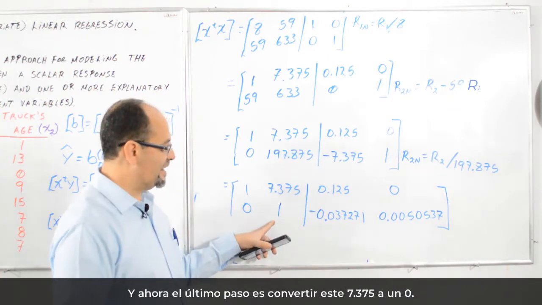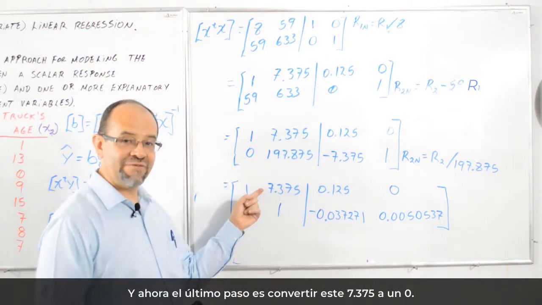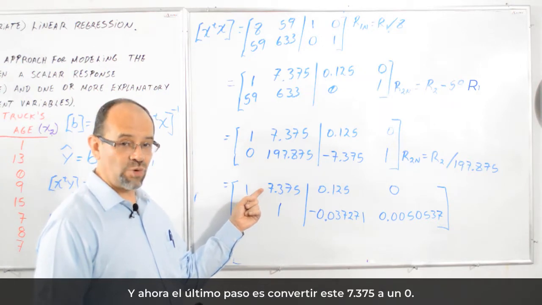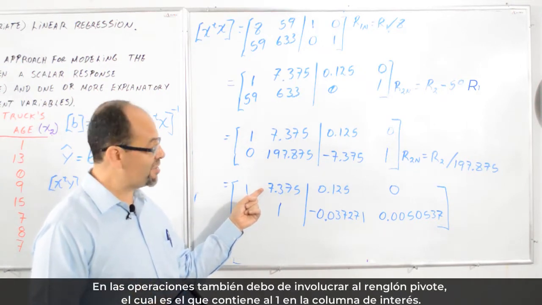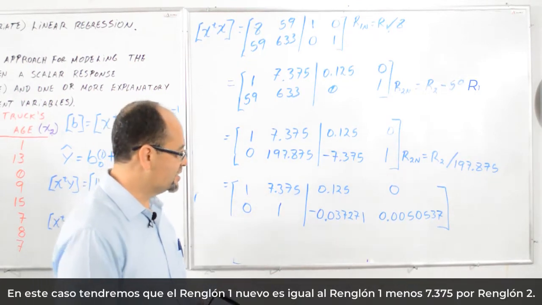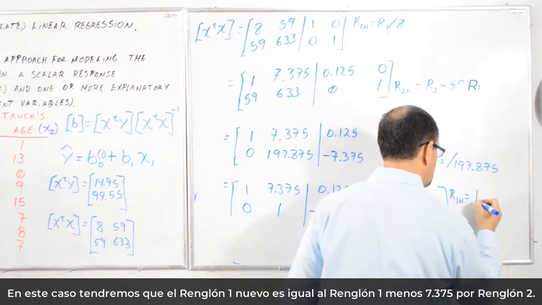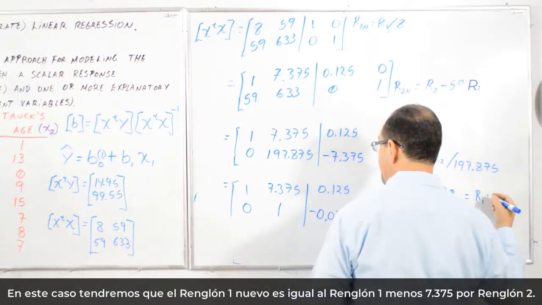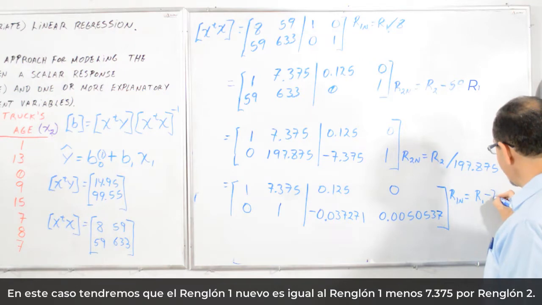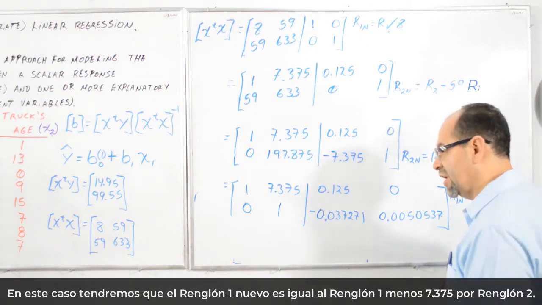Okay, then the last step to convert this 7.375 into a 0. I have to use also as a reference the pivot value, which is the 1. In this case, row 1 new is equal to row 1 minus 7.375 times row 2.